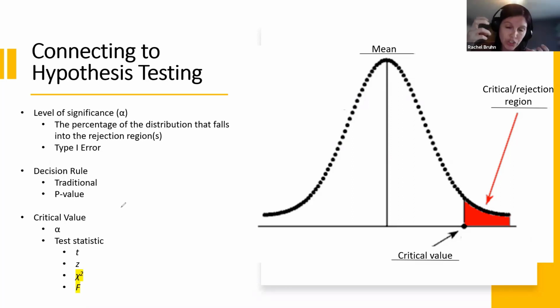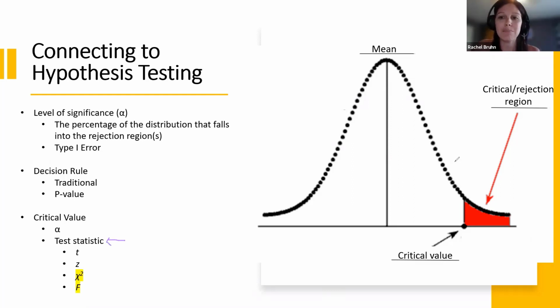The traditional approach is using a critical value. So we could have, this is the test statistic that I have listed here. Instead of saying, okay, well, this is alpha as my critical value, you can look at the distribution and figure out which value would cut off 5% of the data or whatever you want your alpha to be.